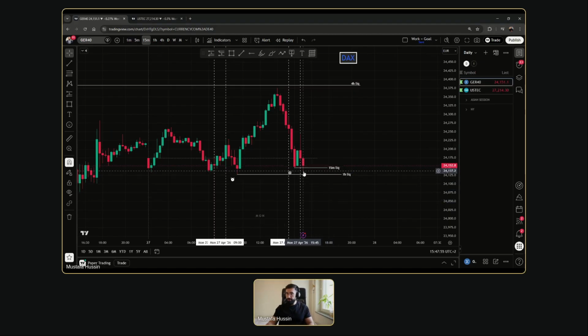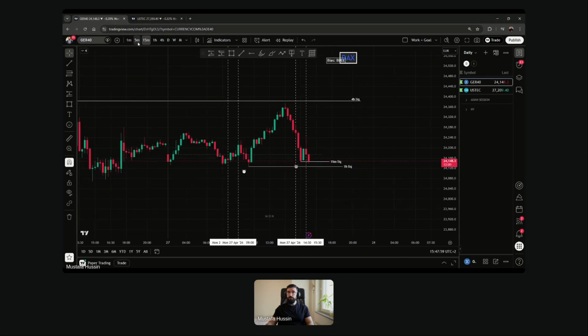It just swept liquidity on the 15-minute on the DAX price.